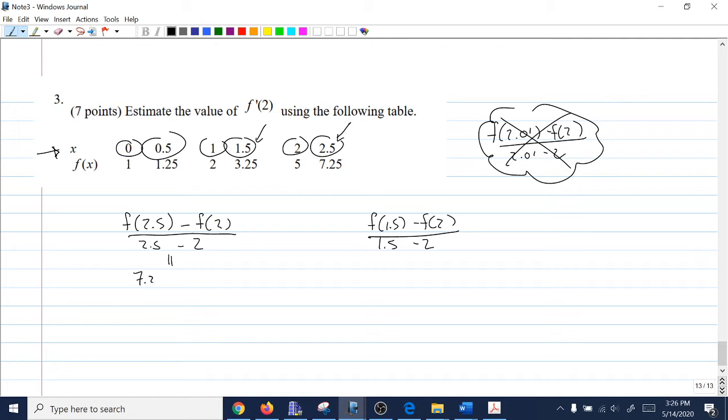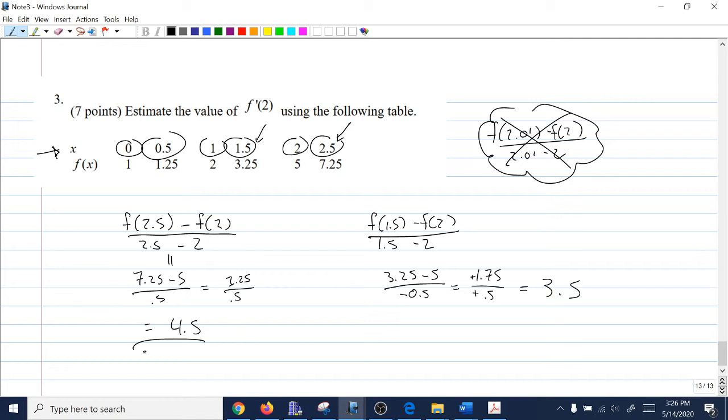This is 7.25 minus 5 over 0.5. 2.25 over 0.5 is double, I think that's 4.5. This one is 3.25 minus 5 over negative 0.5, which is 1.75 negative over negative 0.5. The negatives cancel. Double that is 3.5.